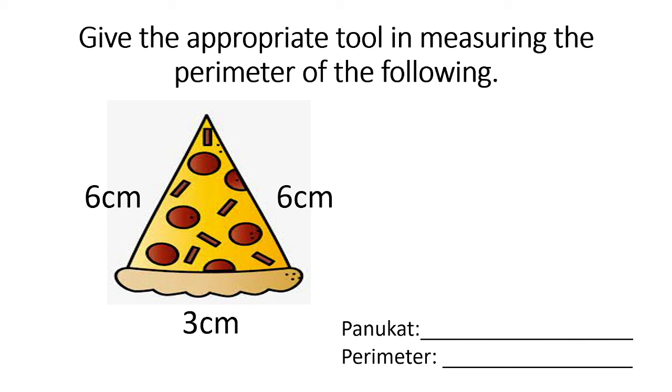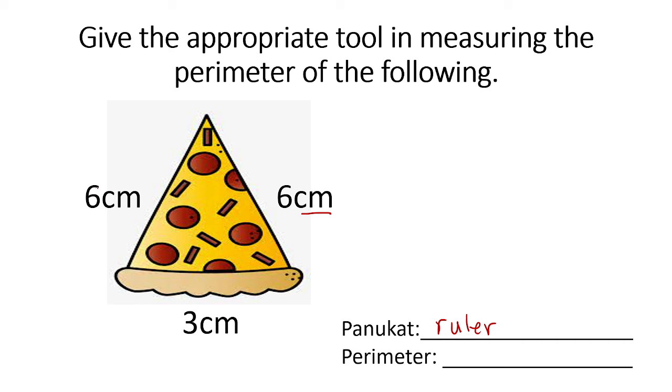Okay, next one. Slice of pizza. Ito ay triangle. Meron tayong 6 cm by 6 by 3. Ang panukat natin dito, since centimeter, masyado namang malaki kung meter stick ang ating gagamitin, so tama lang ang ruler.